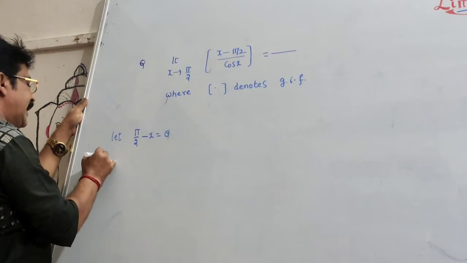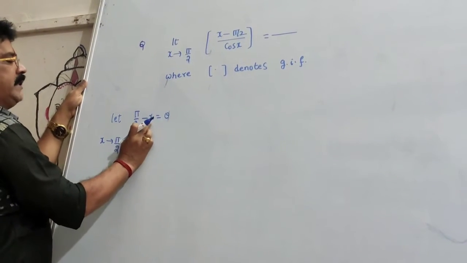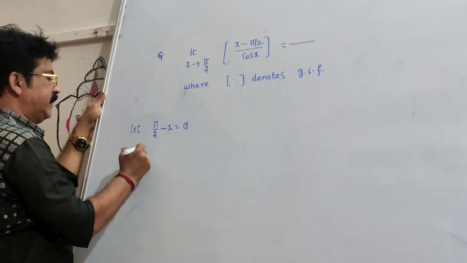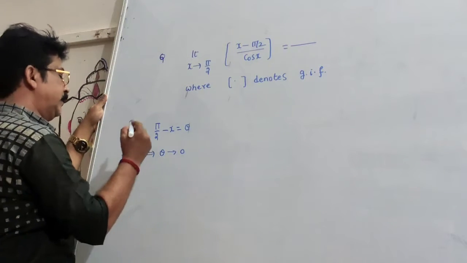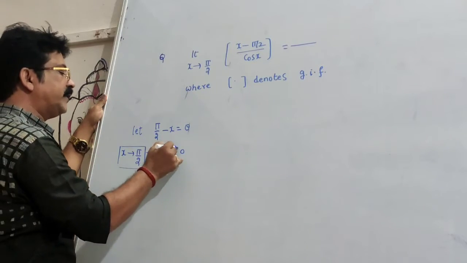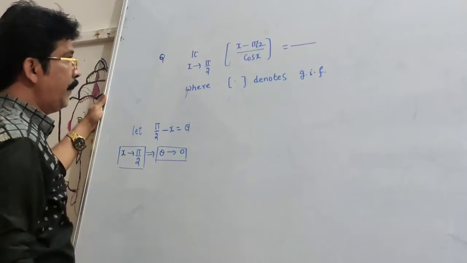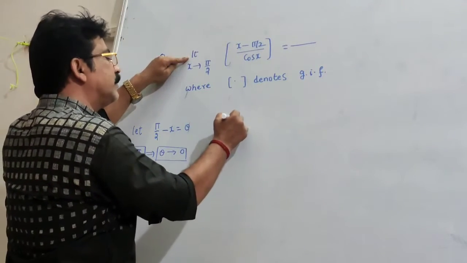So as x tends to pi by 2, put x equal to pi by 2 in this equation, then theta becomes 0. So therefore, as x tends to pi by 2, it is equivalent to say that theta tends to 0.